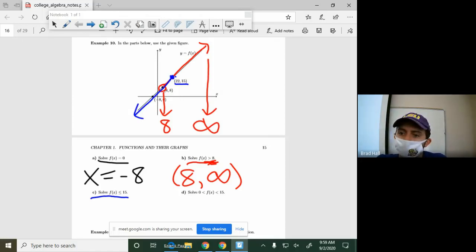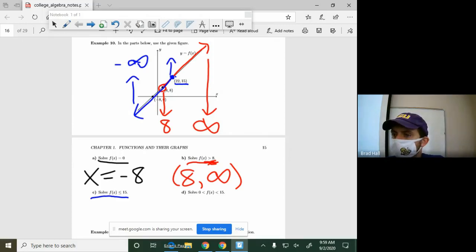And now we want to represent that interval. So like we did before, we need to find the leftmost part and the rightmost part. The leftmost part seems to be an arrow going to the left. That is negative infinity.